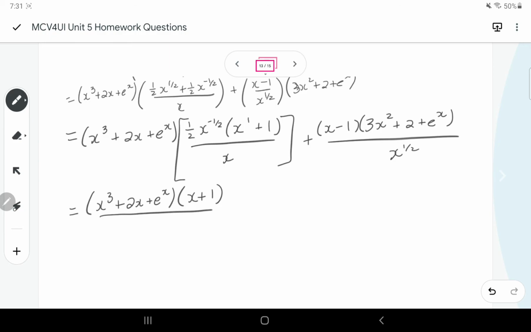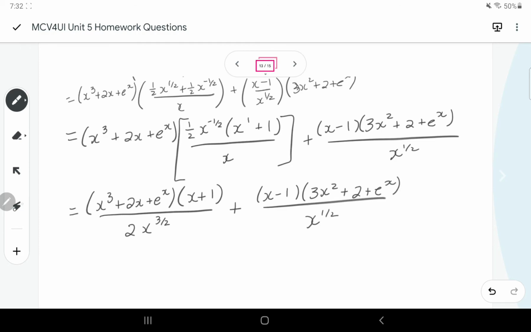And then this whole thing on the bottom, like I said, that 1/2 has a 2 going down. And when I put this x to the negative 1/2 down here, it'll be positive 1/2 plus that 1. So I'm going to make that x to the 3 over 2 plus x minus 1, 3x squared plus 2 plus e to the x over x to the 1/2.